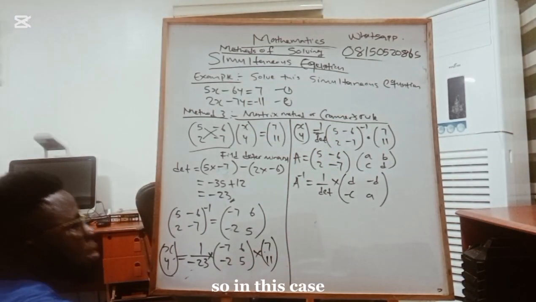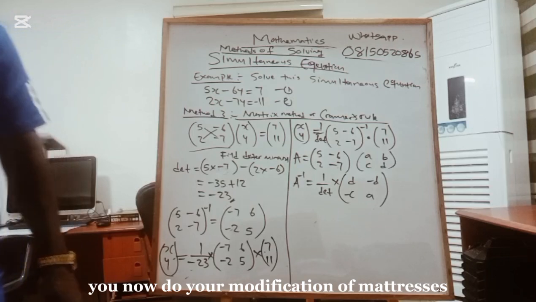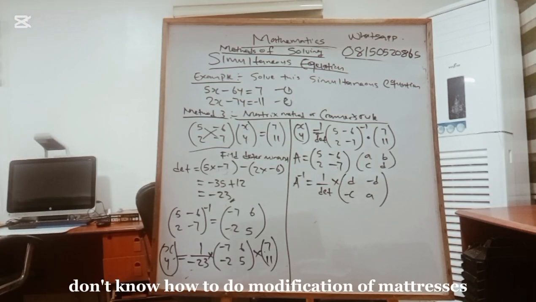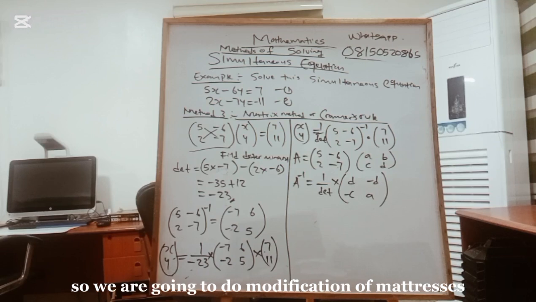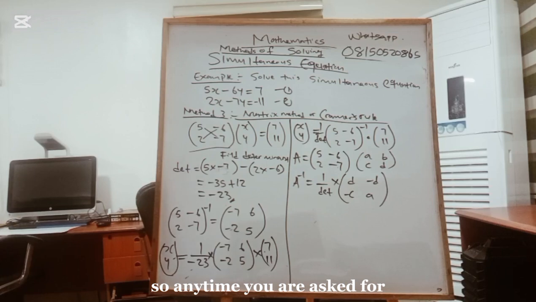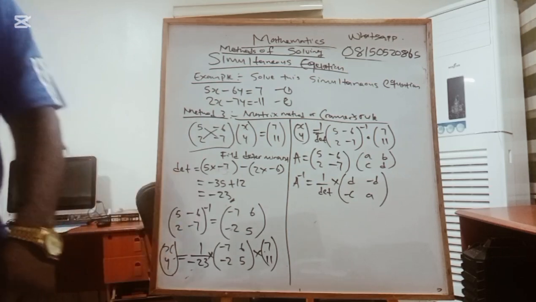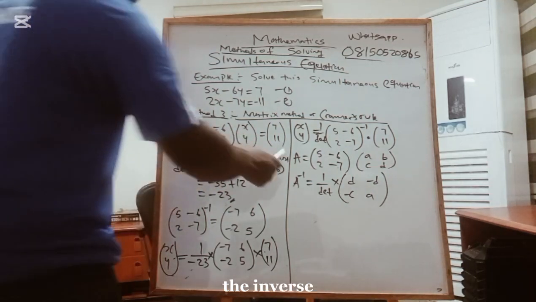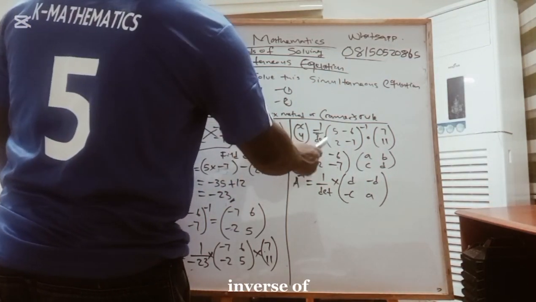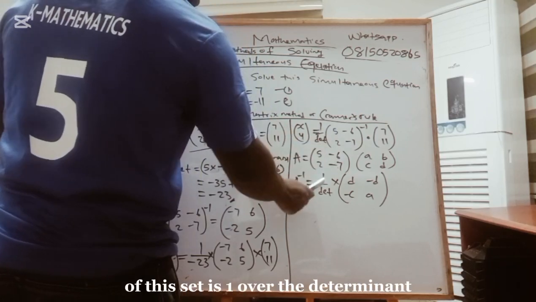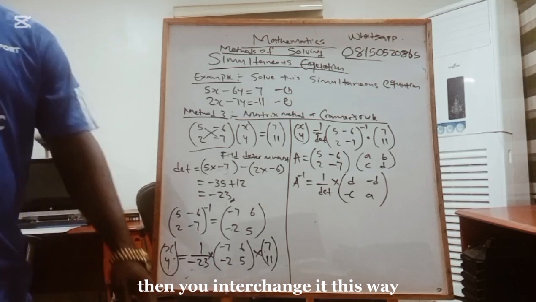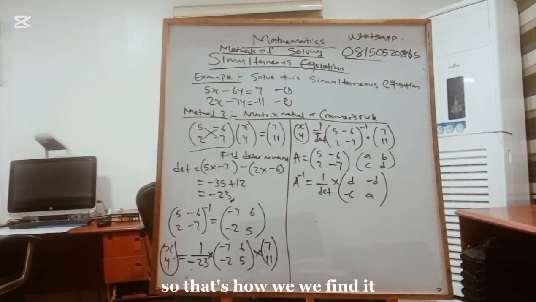So in this case you now do your multiplication of matrices. For those of us that don't know how to do multiplication of matrices, we are going to do it. Anytime you are asked a question like this, the way you go about it is this: the inverse of this set is 1 over determinant, then you interchange it this way. So that's how we find it.